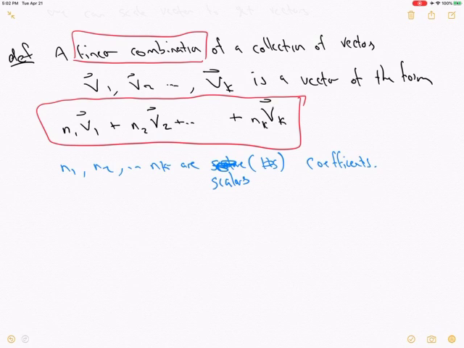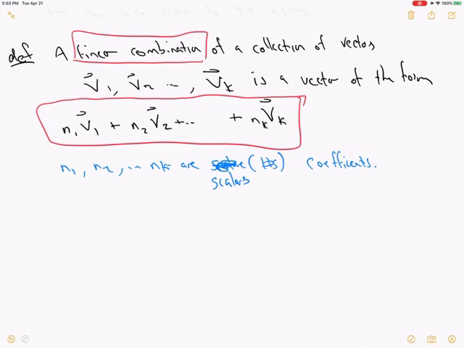Okay, so a linear combination of a collection of vectors is just anything that you build out from a specified set of vectors. If you have 4 vectors, then a combination of them is anything I can build using those 4 vectors. You can scale each individual vector and you can add them together. You could, for example, let most of the n's be 0. So you could just scale one vector, and that's still a combination, even if the set is 4 vectors.